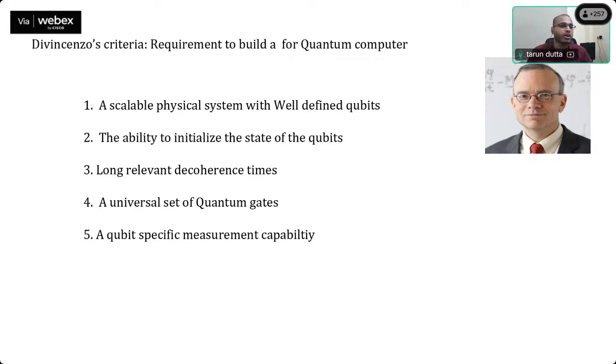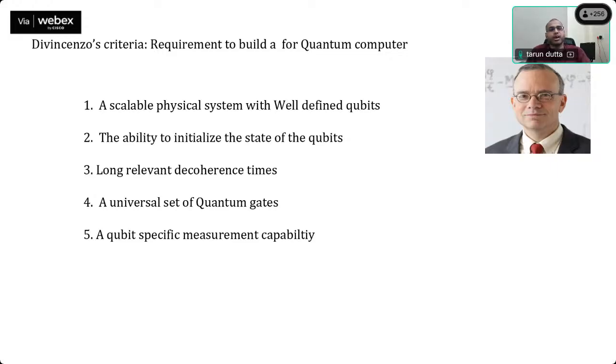Now, in order to realize a quantum computer, you need some rules from where you can start. You need a basic building block. For a classical computer, you have a classical bit, like transistors. In the case of a quantum computer, it is a quantum bit, or qubit. Now, you cannot use just any qubit to develop a quantum computer.